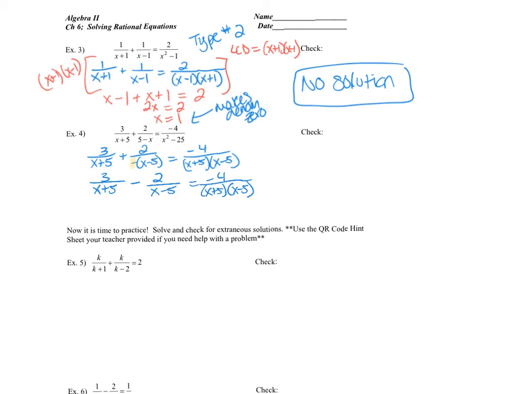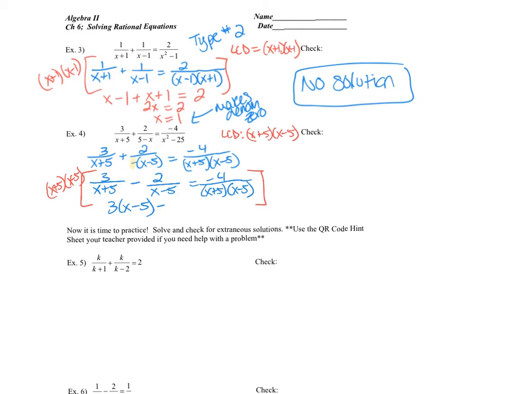My LCD is x plus 5 times x minus 5. So when I multiply each term by the LCD, let's look at what is left over. So my first term becomes 3 times x minus 5 because the x plus 5s will cancel out.